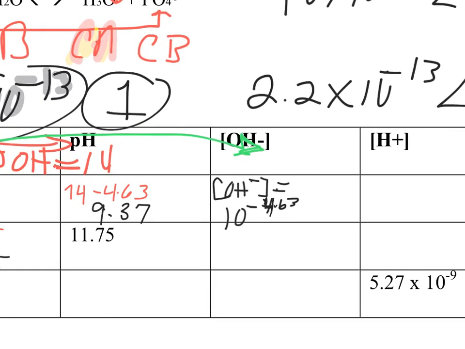So you're going to raise 10 to the negative 4.63 power. 10 to the negative 4.63 power is 2.3 times 10 to the negative 5 molarity.